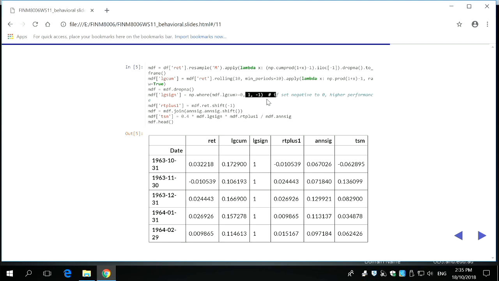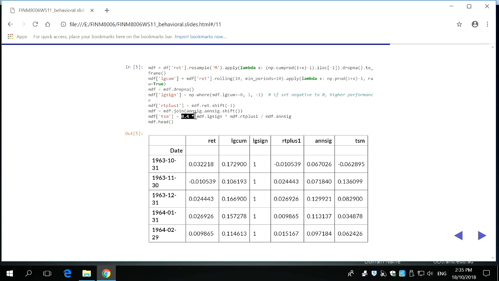And then I also get the future 1 period or 1 month return. So this is shift minus 1, shifting it forward, so it's a future return. Now I get the time series momentum, which is basically this 0.4.